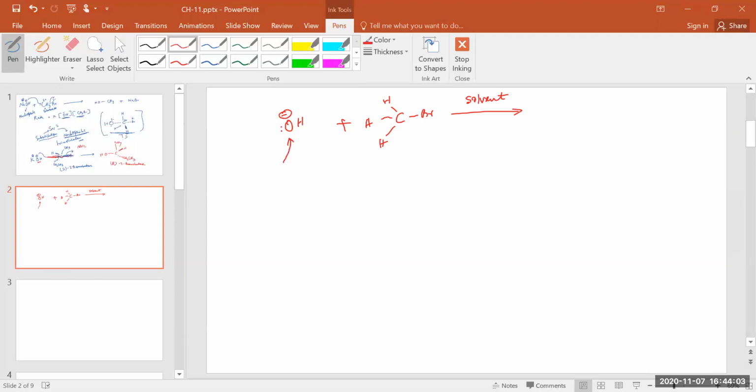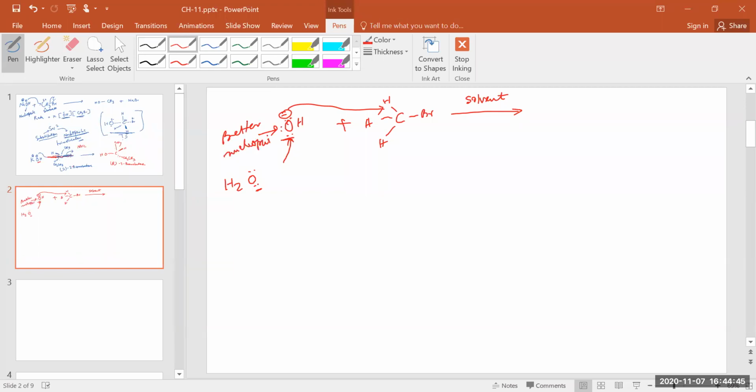A nucleophile should have more electrons, so negative charges will have more electrons and be stronger. If you have a neutral molecule, see here water versus OH minus: the difference is that OH minus has 3 lone pairs and water has 2 lone pairs. So OH minus is a better nucleophile.